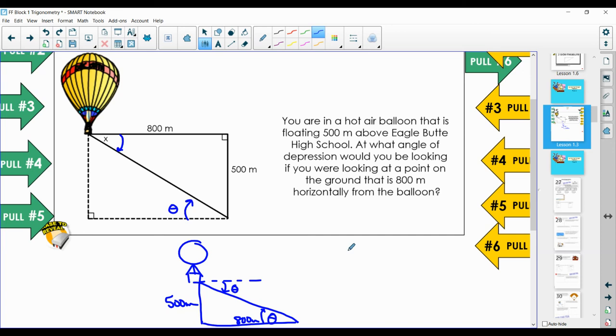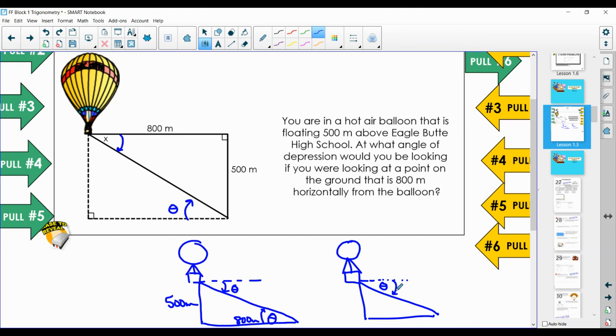But if this was a test question asking you for angle of depression, I would want to see that you clearly understand where the angle of depression is. So even if you are calculating angle of elevation, I want to see that you know that this here is the angle of depression. However you draw your diagram, I want to see that you clearly know what angle of depression is.